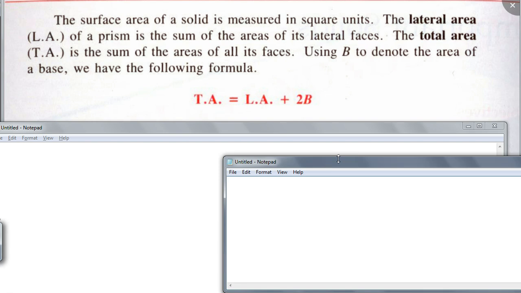They are congruent, so you just multiply 2 by the area of that base. The formula for the total area is the lateral area plus the two bases. Okay, let's move on. That's pretty straightforward. I'll give you time to write.